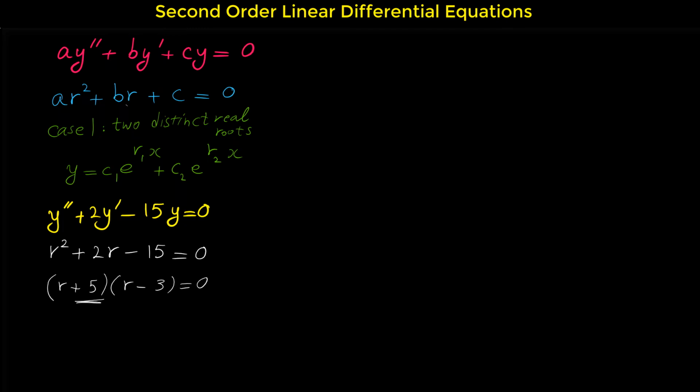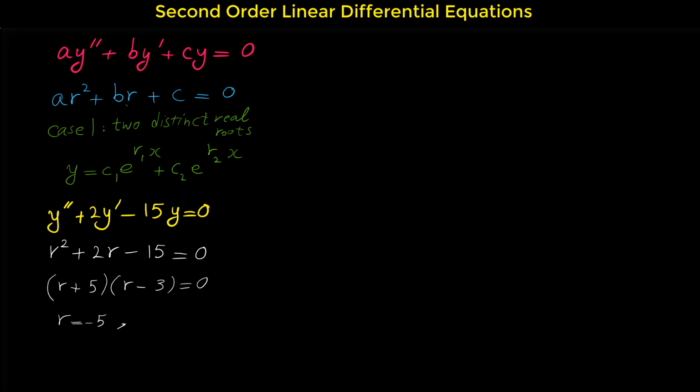Note that 5 times negative 3 is negative 15, and the sum of 5 and negative 3 is 2. So the factored form of this quadratic equation is this. And from here, if we set this equal to 0, r equals negative 5.